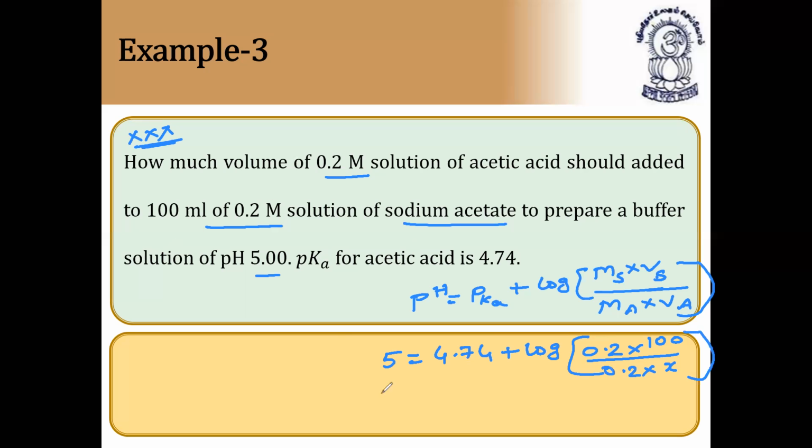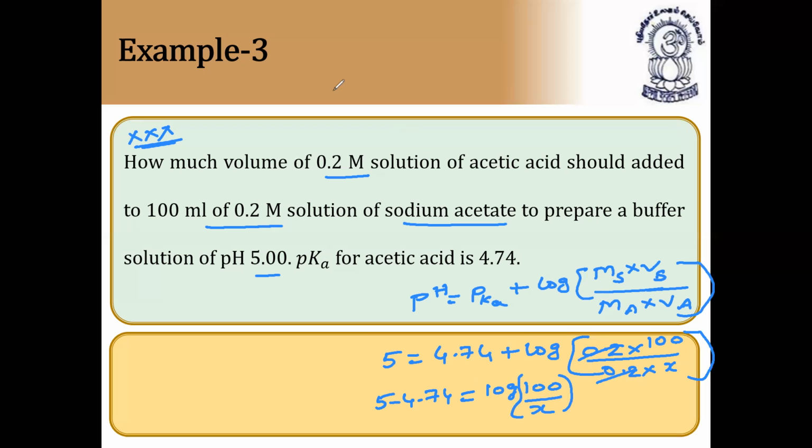So we can take it as 5 minus 4.74, if you bring this over, equal to log of 0.2 gets cancelled, 100 by x. Log 100 is 2, log 10 is 1. So I'll do it here, a simple calculation. So 5 minus 4.74 is equal to log of 100 by x.